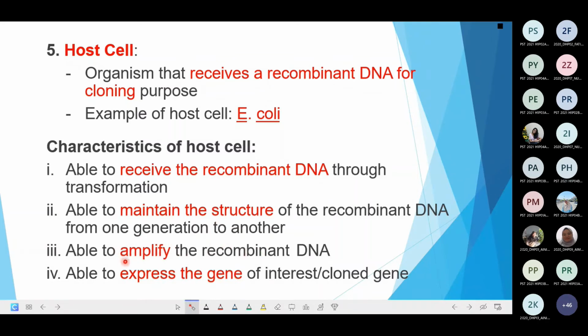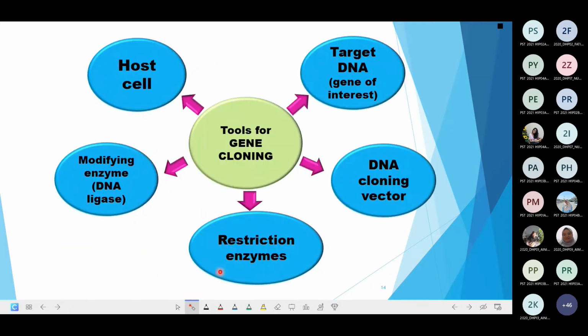Amplify means it must be able to make many copies of the recombinant DNA, and the host cell will also be able to express the gene of interest, meaning that the host cell will be able to produce a particular type of protein specific to the gene of interest.